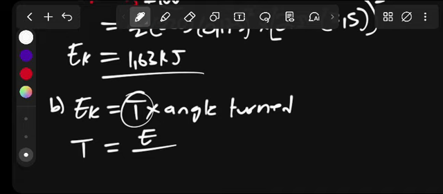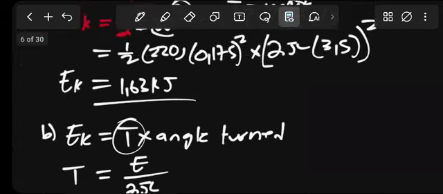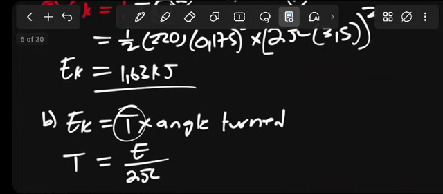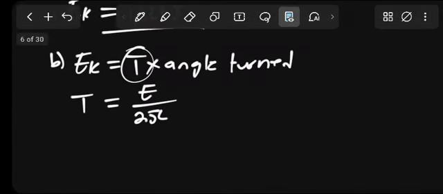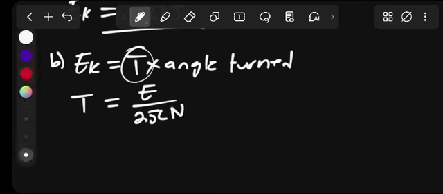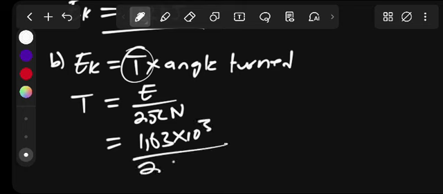The angle theta is 2 pi multiplied by the number of revolutions. So we have EK, which was 1.63 kilojoules, times 10 to the power of 3, divided by 2 pi multiplied by the angle, which is 1.25.